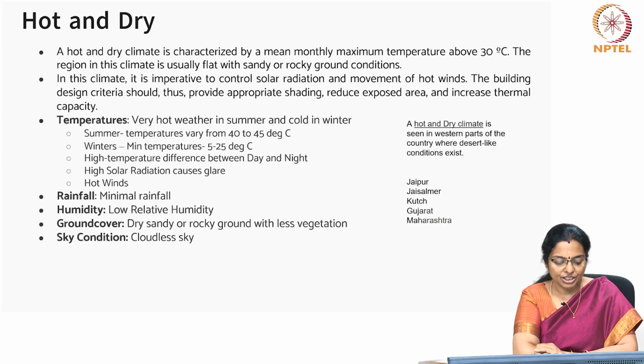The sky condition is cloudless sky. Now, a hot and dry climate is seen in the western parts of the country where desert-like conditions exist. For example, Jaipur, Jaisalmer, Kutch, Gujarat, parts of Maharashtra.